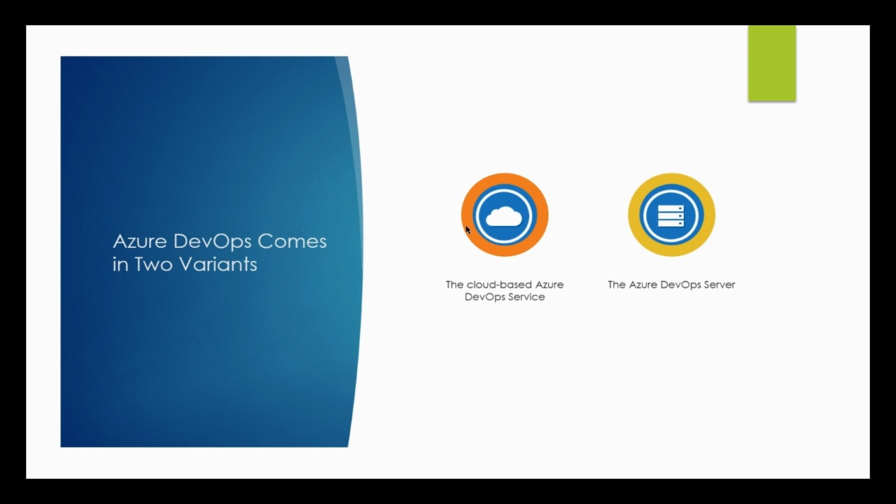It is backed by a 99.9% SLA and monitored by a 24/7 Microsoft operations team. The on-premises version is used when you need your data to stay within your network, or you want to access SQL Server Reporting Services that integrate with Azure DevOps Server, because Azure DevOps Server is built on a SQL Server backend.